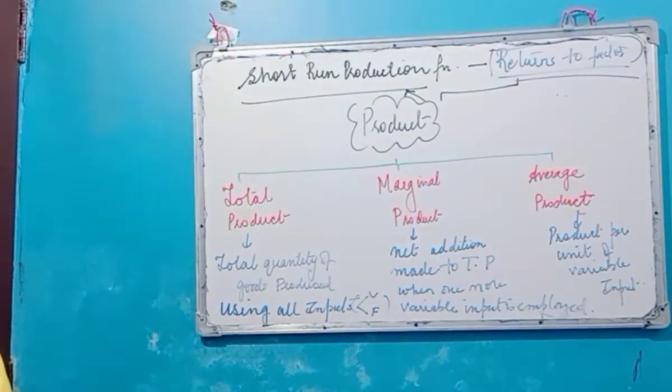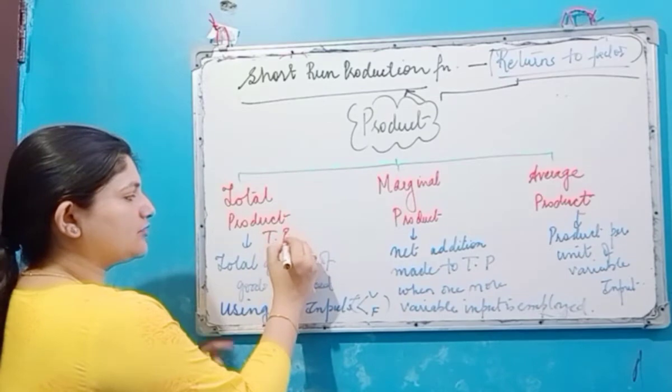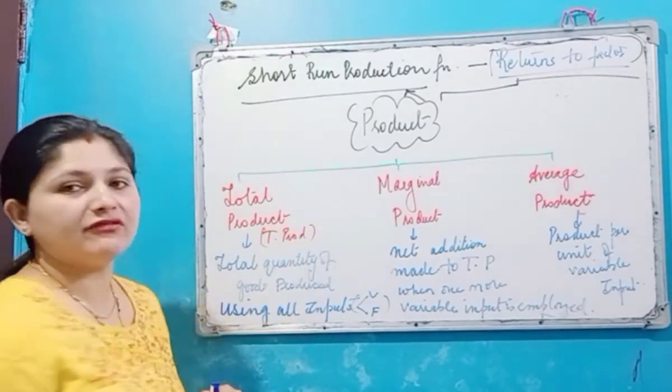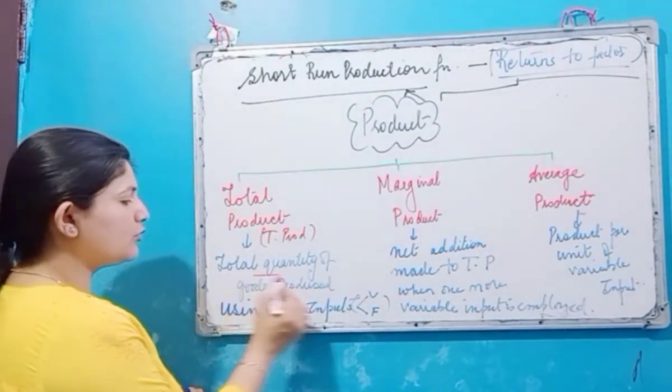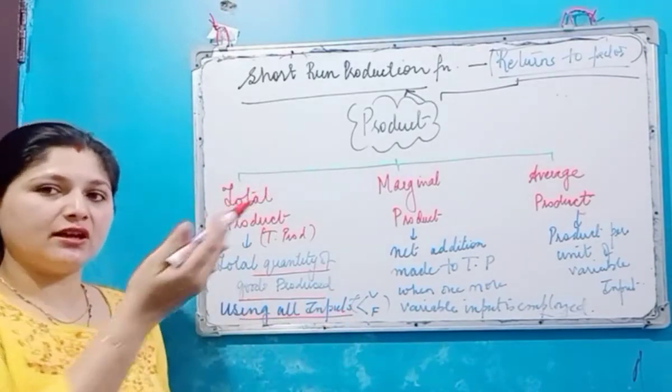Now what is total product? Total product is basically nothing but the total production of a firm in a given time period. It refers to the total quantity of goods produced using all inputs. All inputs means variable and fixed.